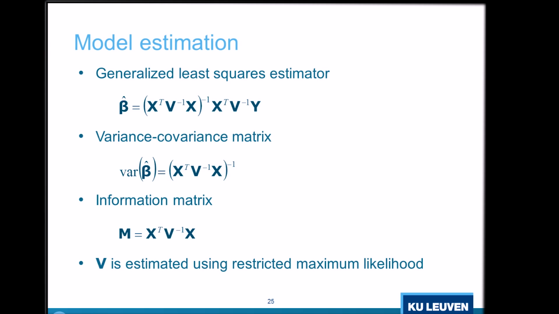Now the variance-covariance matrix and the information matrix, they are very important matrices in experimental design because they summarize how much information you have about all your factor effects and what the precision is of all your individual factor effects estimates. One important note about all the formulas on this slide is that the V matrix is unknown, so it needs to be estimated.